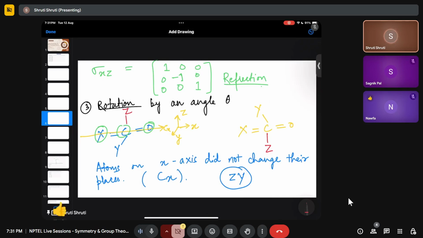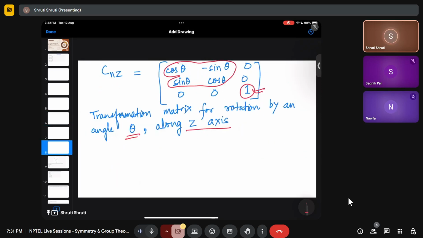But if you rotate by some other angle, suppose 120-degree, suppose 60-degree, then it will not exactly go opposite to here. 60-degree means y will come somewhere over here. So now this coordinate has some value of x and some value of y. So mixing of the two will happen. To take care of the mixing, we have some values on all these four places. Okay.